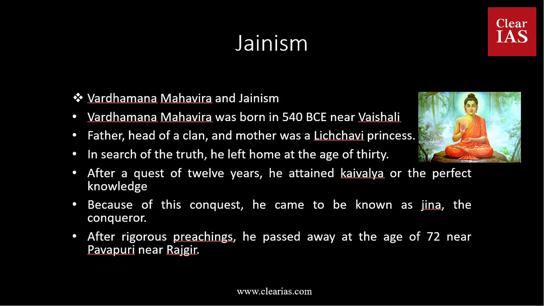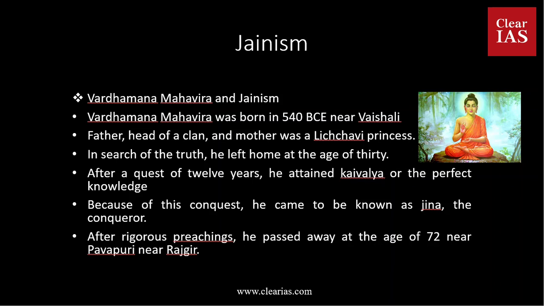After a quest of 12 years, he attained Kaivalya, or perfect knowledge. Because of this conquest, he came to be known as Jina, or the conqueror. In Buddhism and in Jainism, the moment when one attains transcendental knowledge is very important, and in Jainism it is called Kaivalya.